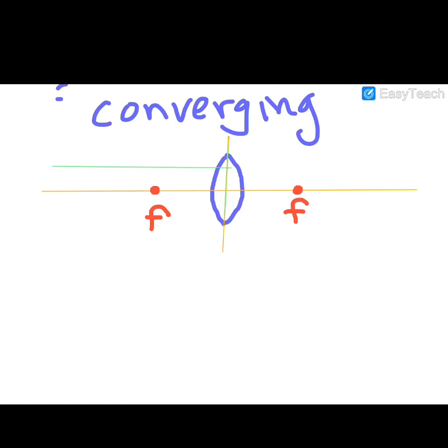Now, for simplicity, we're going to pretend the lens is infinitely thin, meaning the lens occupies only the space of this line. Now, of course, in real life, no lens can be like that. The ray refracts on the way into the lens, travels within the lens, and then refracts on the way out. But we're going to accept the fiction that the lens actually reaches that line and then refracts all at once.